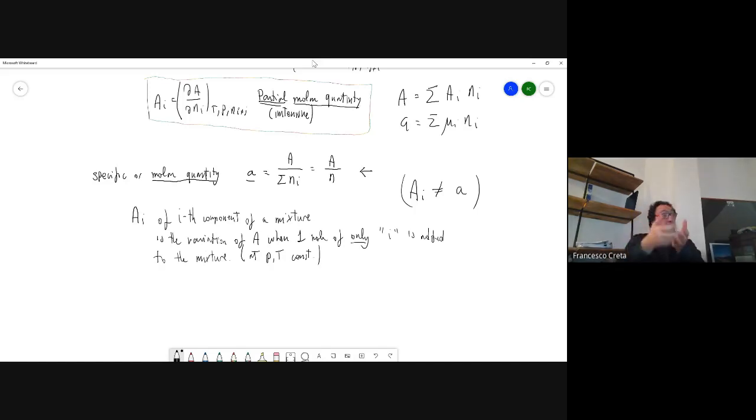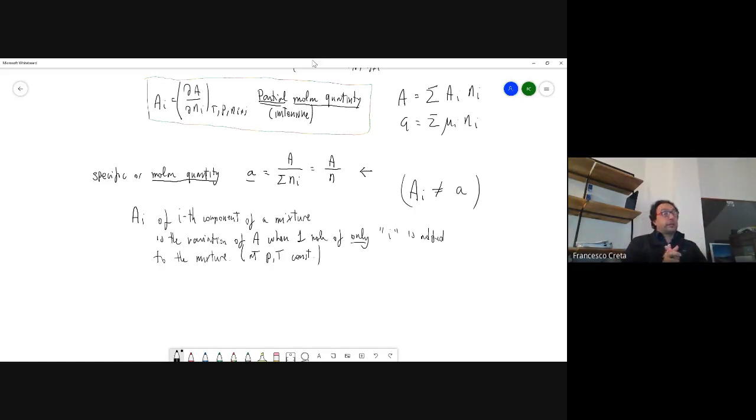So I'm adding oxygen, hydrogen, and water in the same ratios, in the same composition. So that would be the increase of A by the addition of 1 mole of the whole mixture. That is a molar quantity. If I think in terms of kilograms, it would be a specific quantity. So again, that would be the addition of 1 mole of the whole mixture.